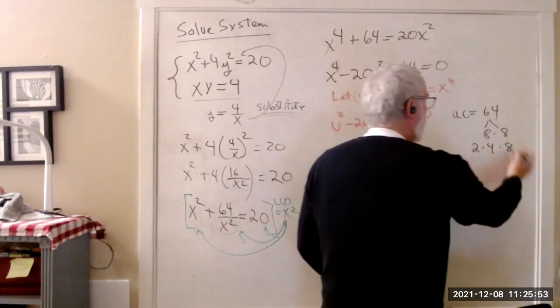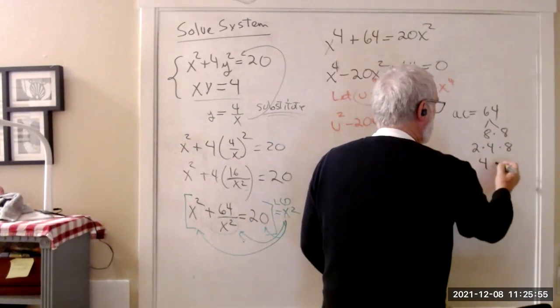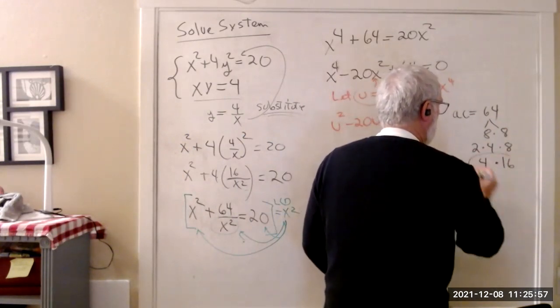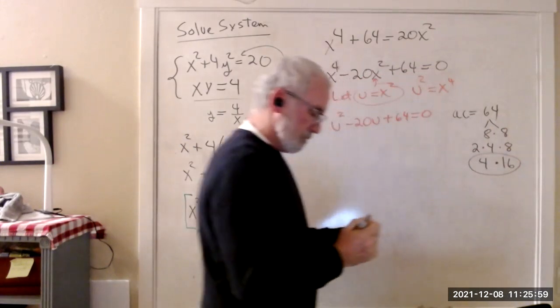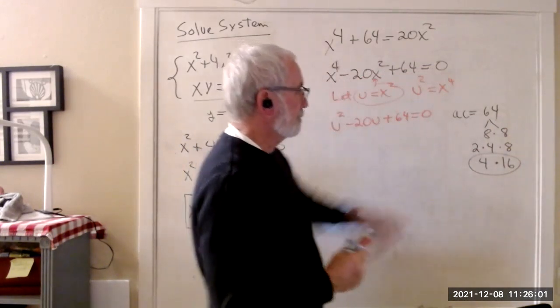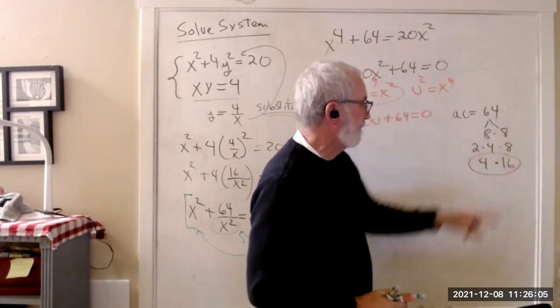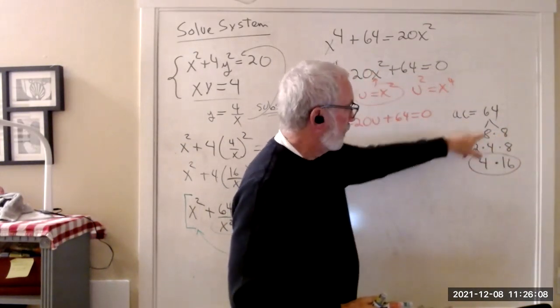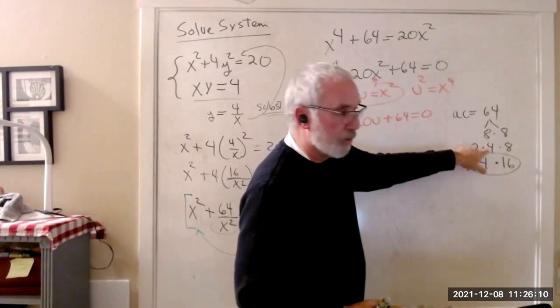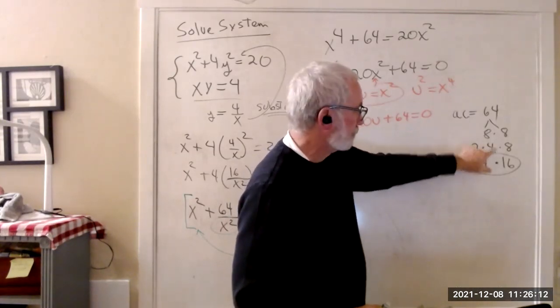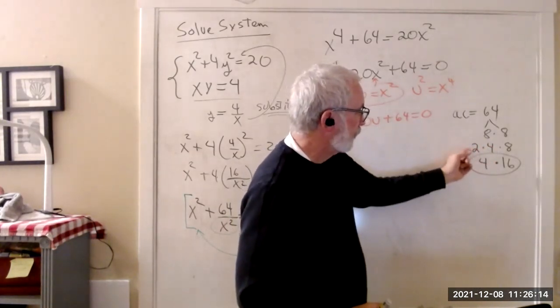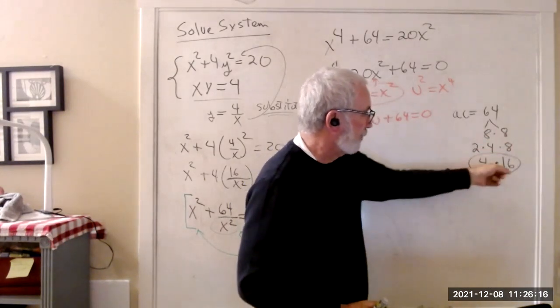And then rearranged it as 4 times 16. 64 breaks down into 8 times 8, but the first 8 breaks as 2 times 4 because I want it to. And then rearrange it, put this 2 and this 8 together, and I have 4 times 16.